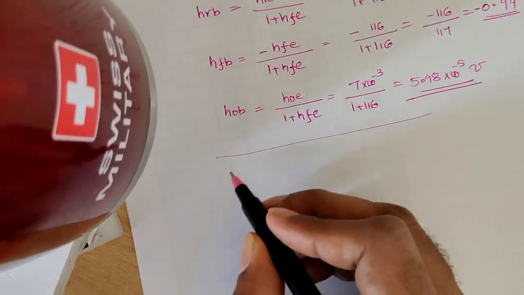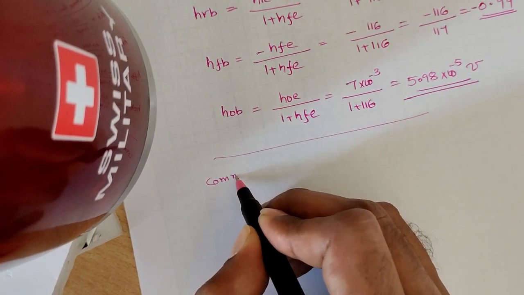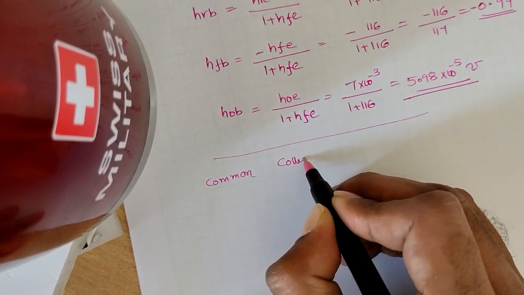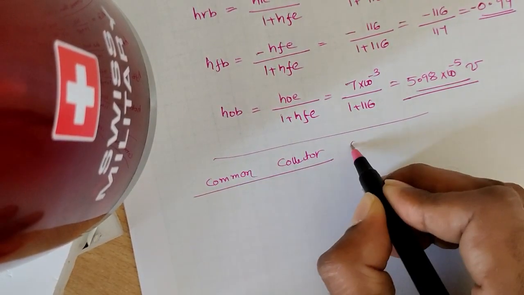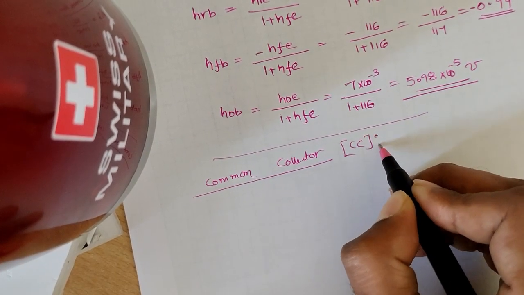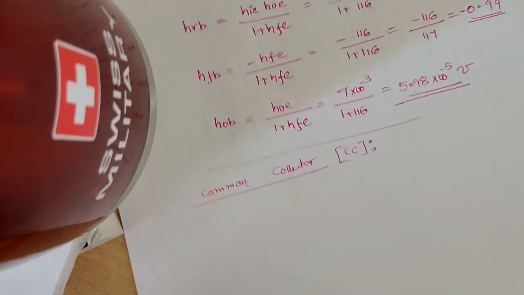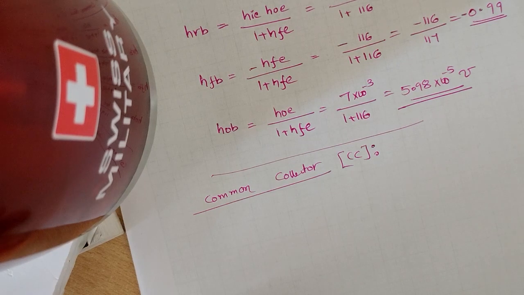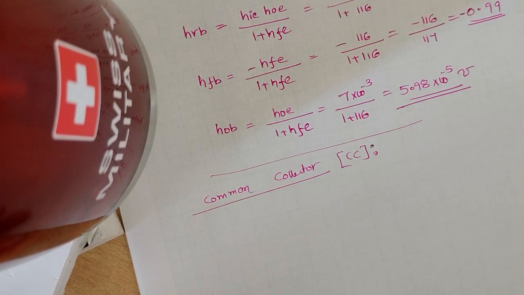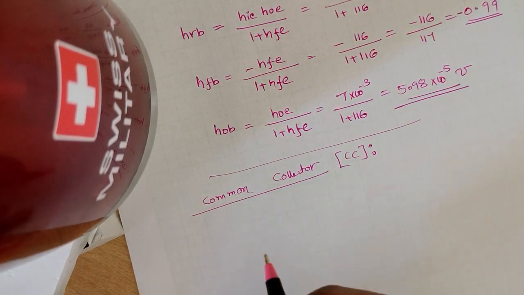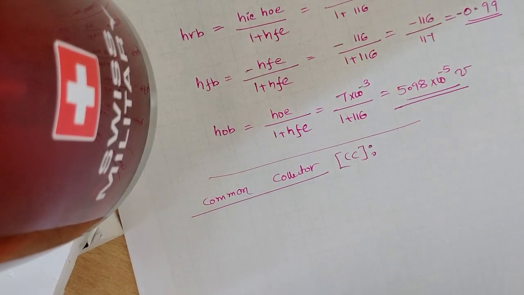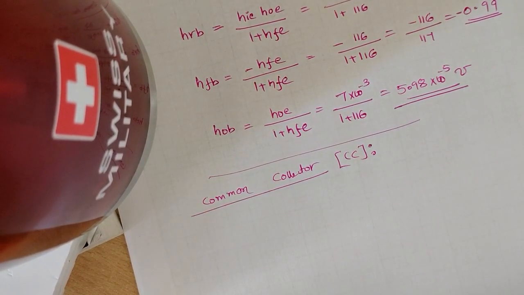Then finally we have the common collector configuration, CC.